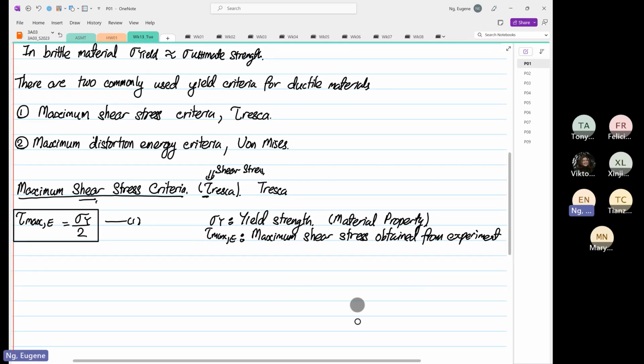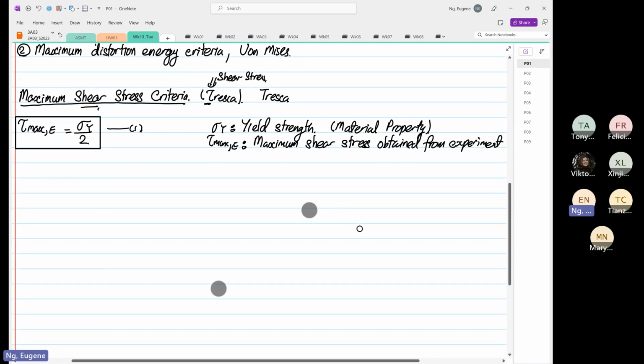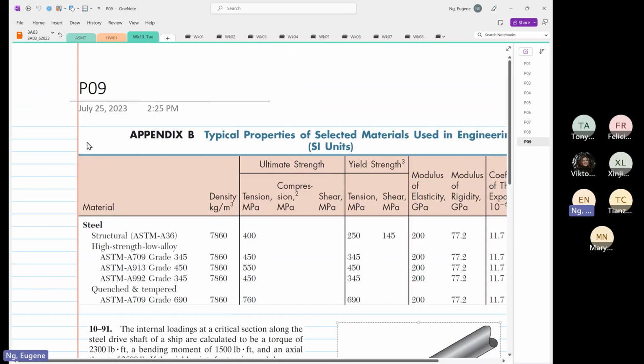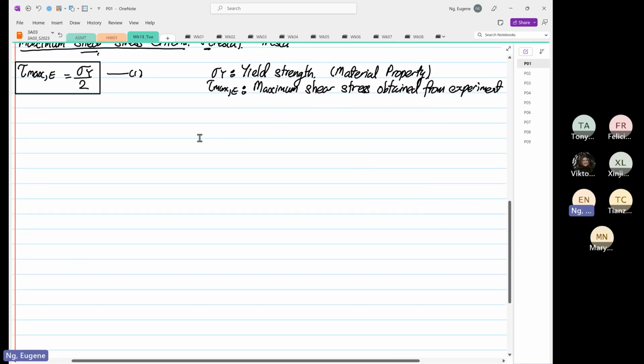If you look at a material handbook, or material data, which I have uploaded on Avenue to Learn, it's just a table.